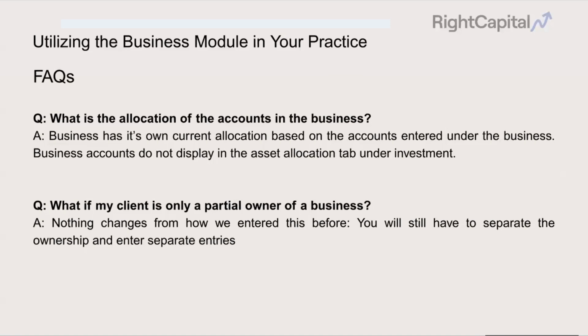And then anything we have under the business is going to be treated completely separate. So it's not going to be included in the current allocation, and it's not going to display in the asset allocation tab under the investment tab. The business is going to have its own current allocation, again, based on the accounts entered under the business. So it will have its own blended rate of return based on the accounts entered under the business.